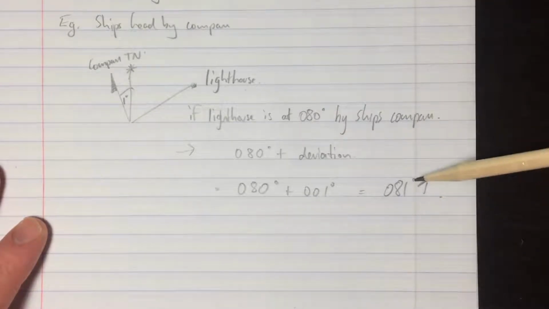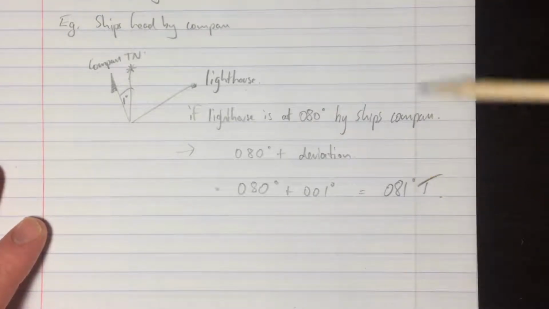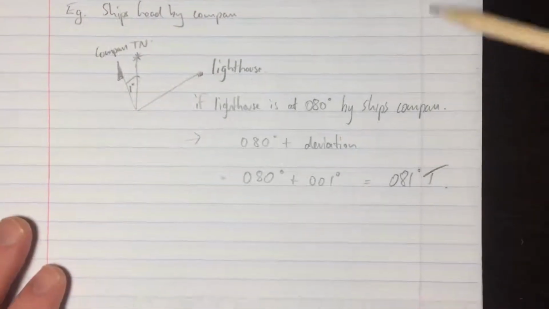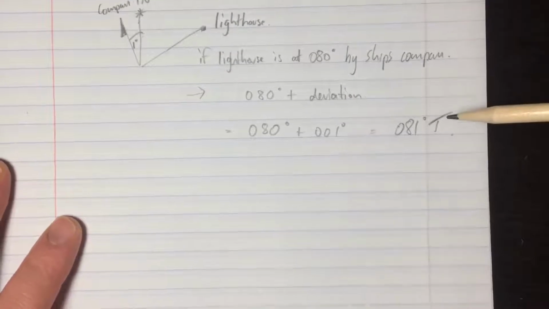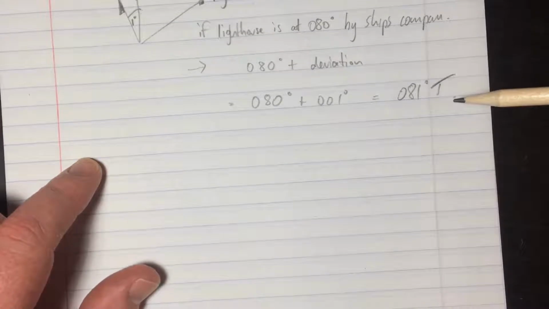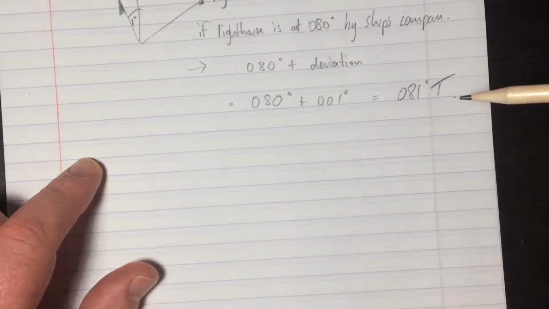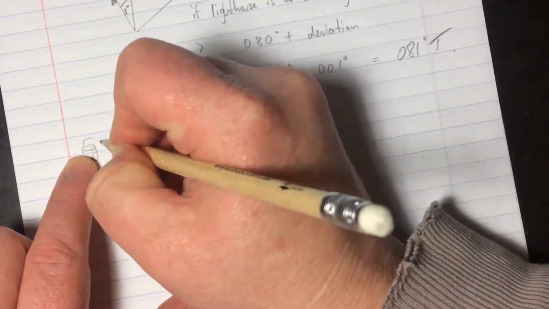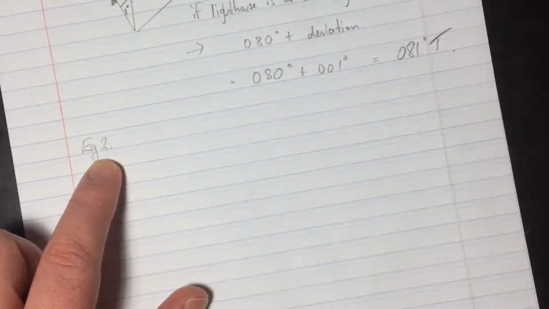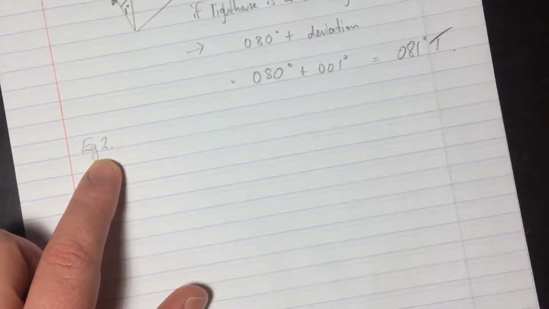Now all of this is assuming that there's actually no variation, but often ships are in locations where we have to include a variation as well. So let's do an example where we include a variation. So this is our second example. Let's say that we have a boat.